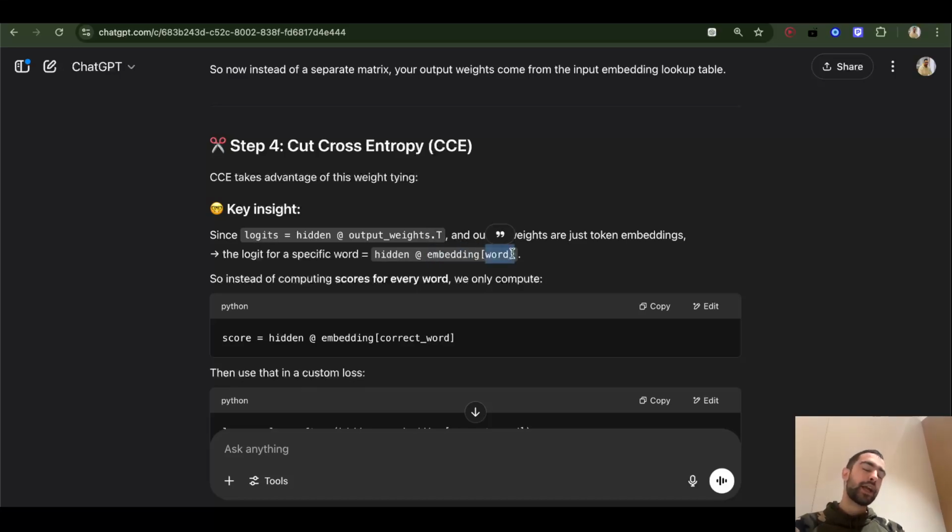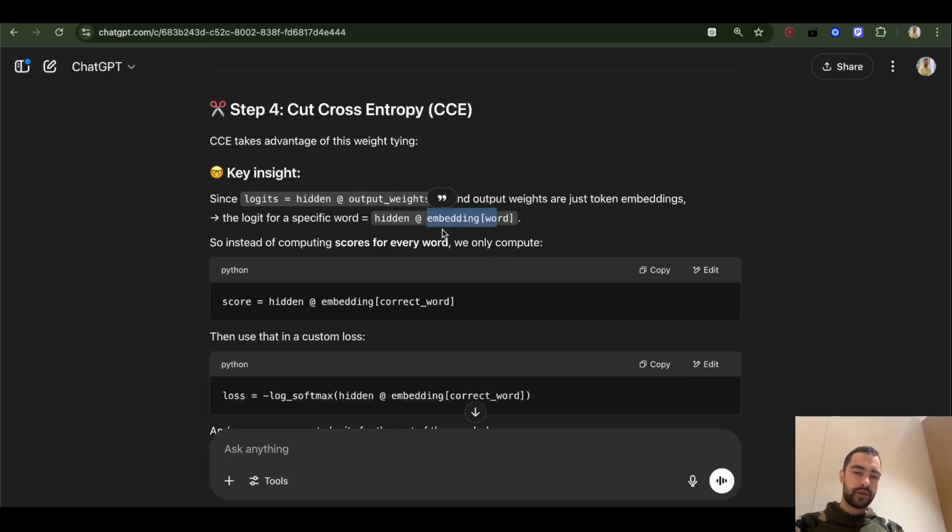So we just pluck out the embedding for that correct word, because we know in the training data which next word is correct. We just multiply whatever the transformer produced with the embedding for that word.